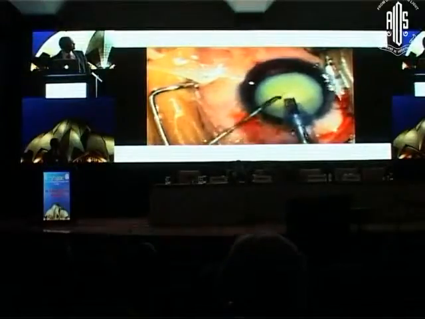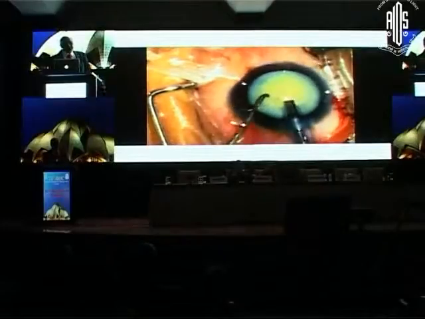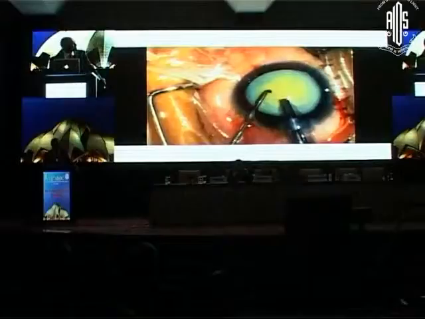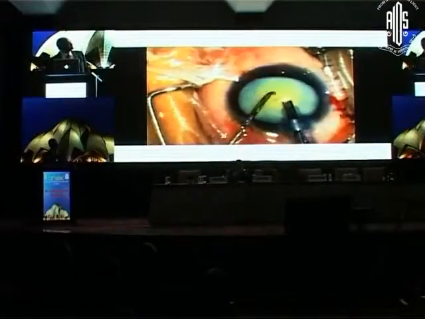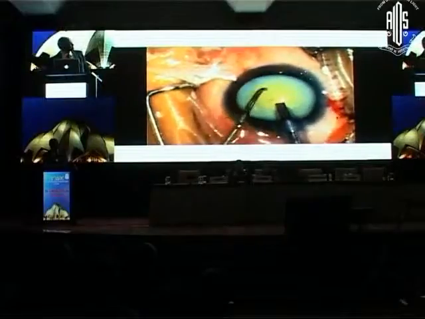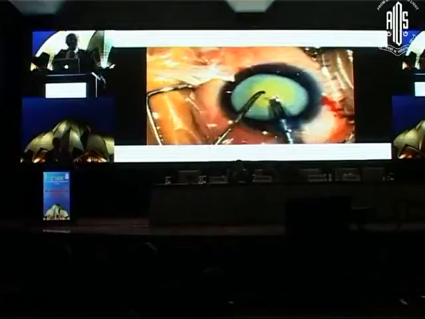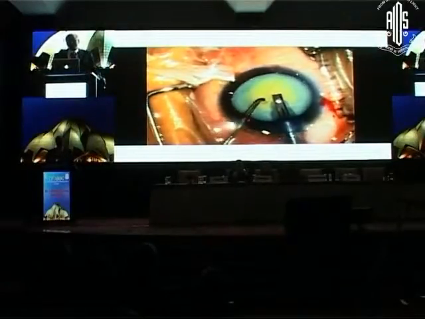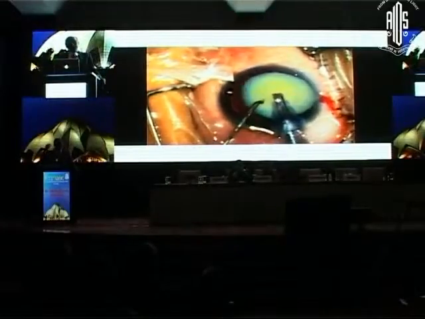Now here you can see I am operating with a premium machine, from a multinational company, the best machine, the highest in that company. I don't want to name it. You can see what I was telling you about phaco dynamics, stroke length.